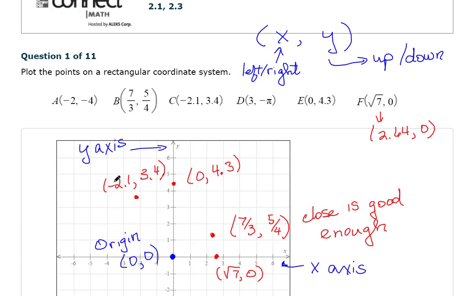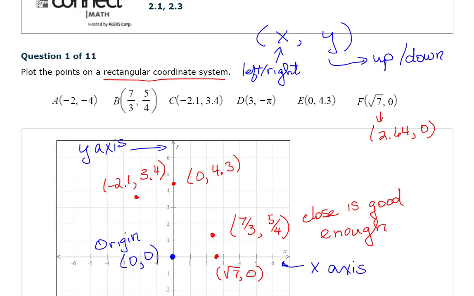All points that live in the XY coordinate system, which is called a rectangular coordinate system, are measured in terms of x comma y. The first number tells you how far to go left and right, and the second number tells you how far to go up and down.